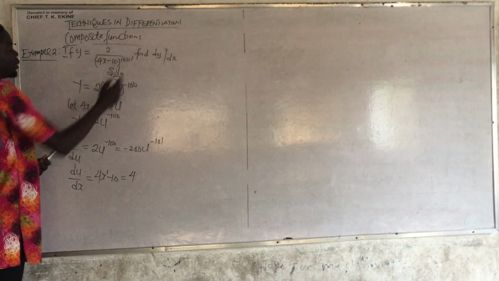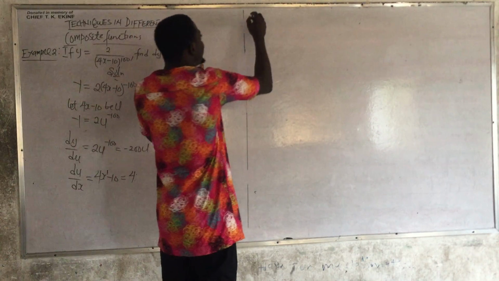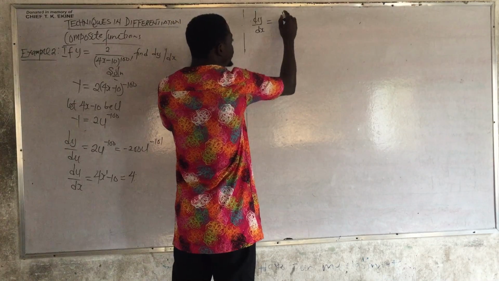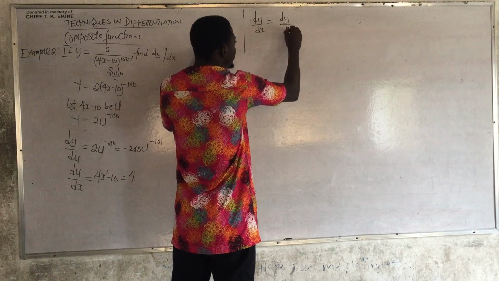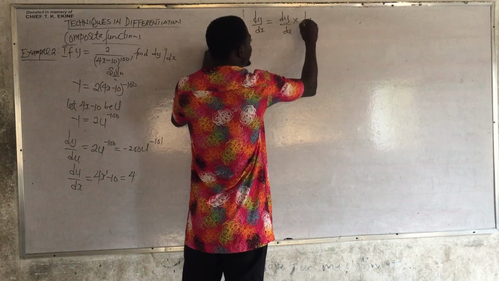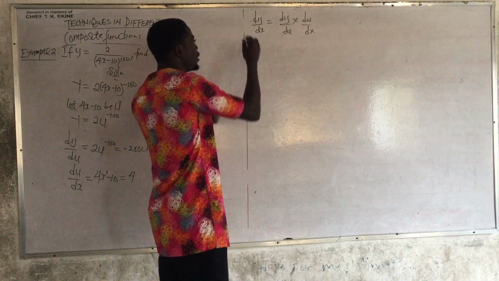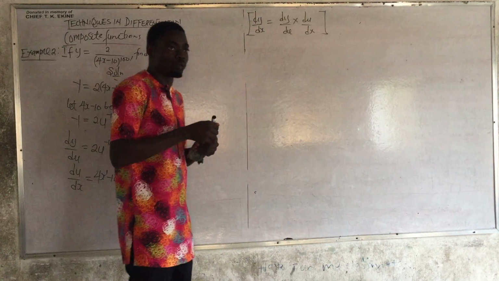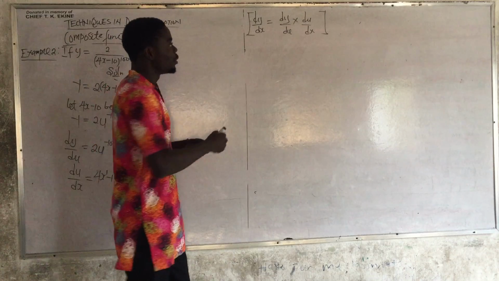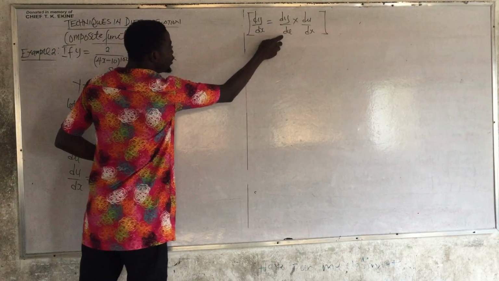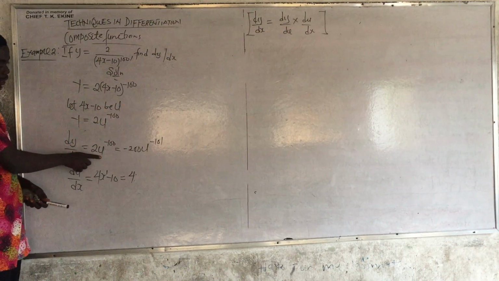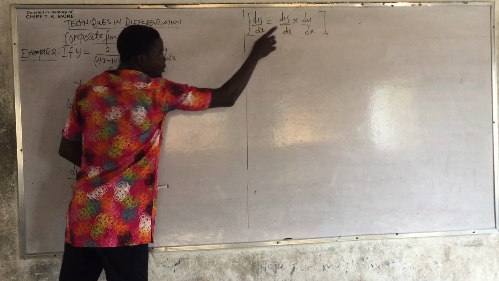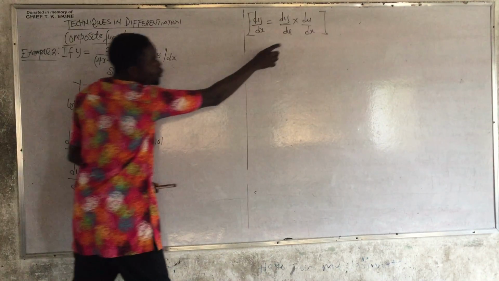Then we can now get our dy/dx. The formula for the chain rule is dy/du times du/dx. This formula that you see is called the chain rule, or the function of a function rule. What is your dy/du? Your dy/du is minus 200 raised to minus 101. What is your du/dx?